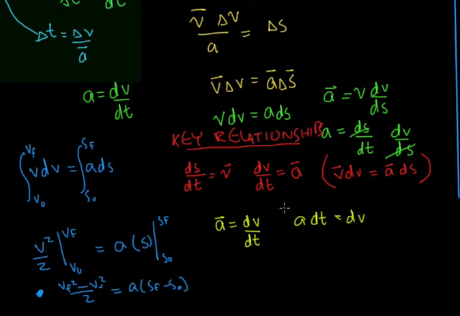And now let's again do the definite integral so we don't have to worry about constants. Starting from, so dt with respect to time, from time equals 0 to time equals t. So from 0 to t, and then dv, so the integral with respect to v, from velocity equals some initial velocity all the way to velocity equals velocity final.